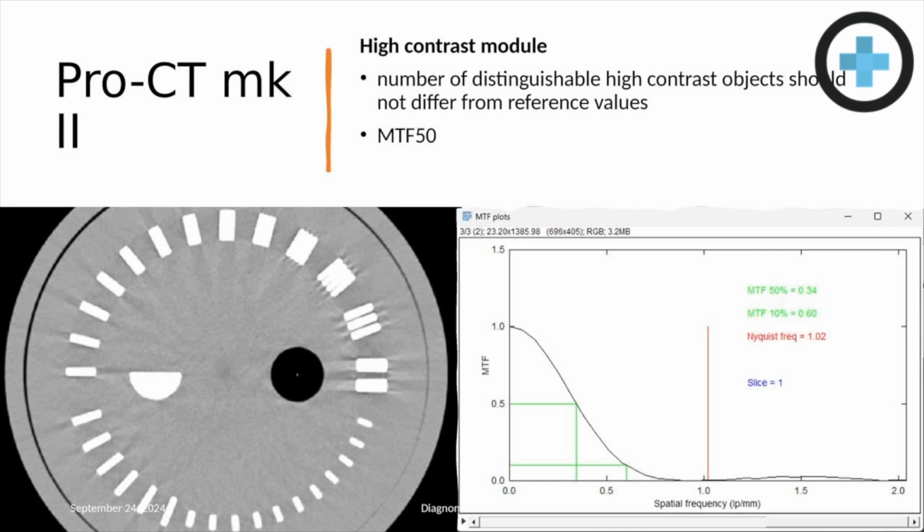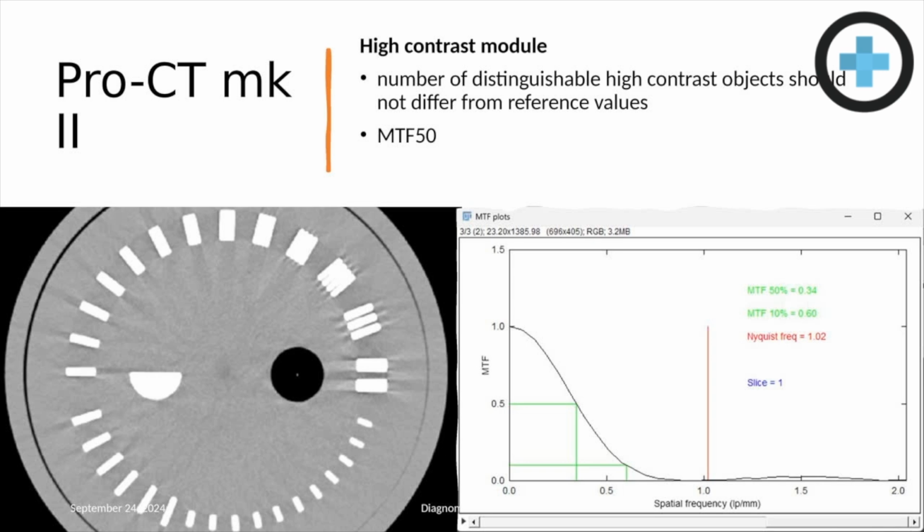It quantifies the system's ability to preserve contrast and spatial resolution across different spatial frequencies. The range is between 0 and 1, where 1 represents a perfect transfer of contrast and 0 represents no transfer. You can see on the chart here, as the spatial frequency increases, MTF typically decreases, which indicates a loss of contrast to finer detail.